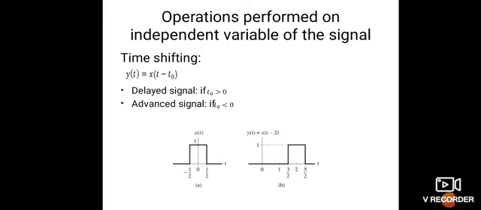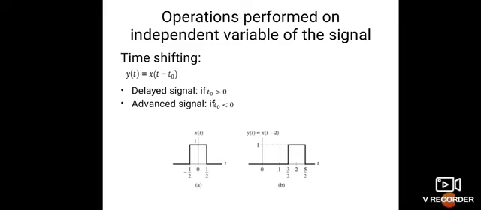And in the next case, if t0 has a lesser value, suppose the signal starts from 0 and I take t0 equal to minus 1. So the signal is y(t) equal to x(t minus of minus 1), that means x(t plus 1). Previously the signal started from 0, and now it starts from minus 1.